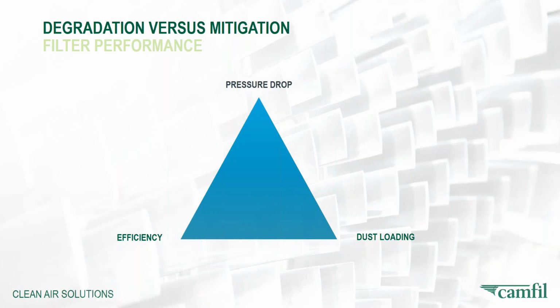When we're measuring filter performance, we're looking at the pressure drop of the filter, we're looking at its dust loading or filter life, which is a proxy for the service life you're going to experience in the field. And lastly, filter efficiency. That is, how effective is it at stopping those particulates coming in that may be erosion or salt or submicron particles driving fouling and cooling passage plugging.